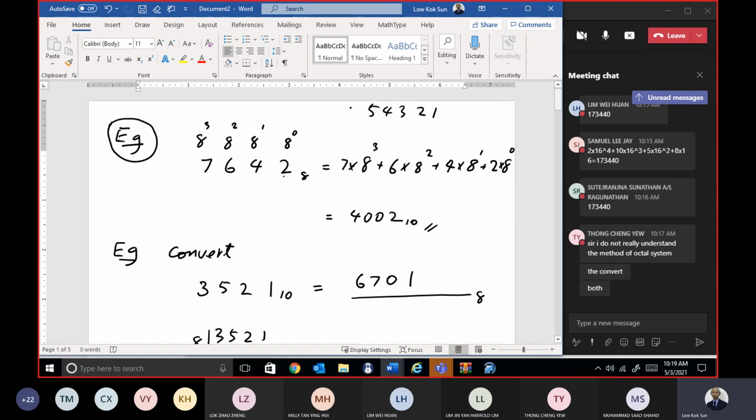In our ordinary number, if I buy something and the cost is 54,321, this 5 means 50,000, 4 means 4,000, 3 means 300, 2 means 20, 1 means 1.